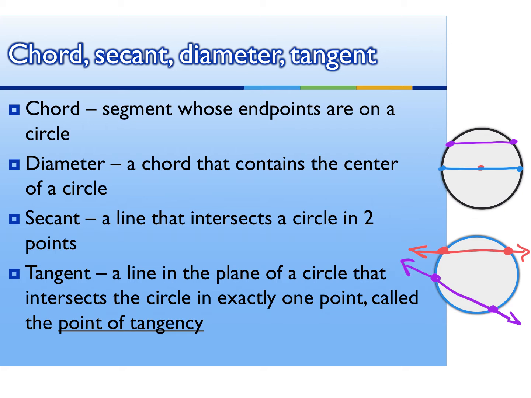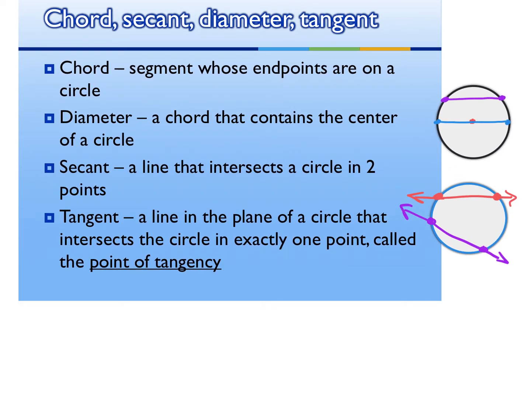Again, the naming conventions that we learned back in chapter 1 are going to apply here. If you do not name the things appropriately with the correct symbol on top of the capital letters, you're going to lose points on the quiz. And I'm going to show you this coming up when we start identifying these parts. And then an example of a tangent and a point of tangency.